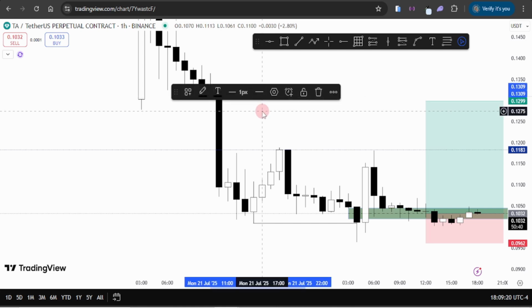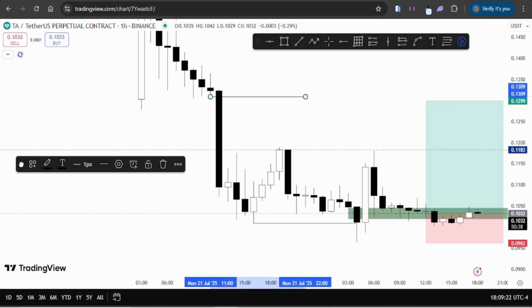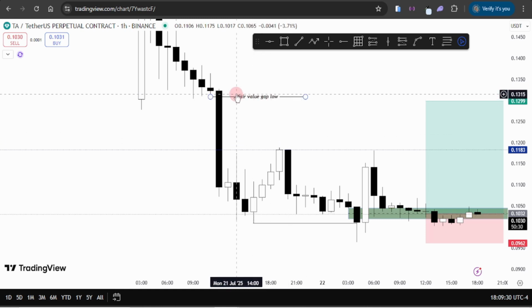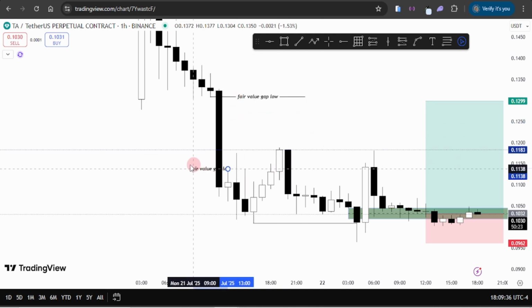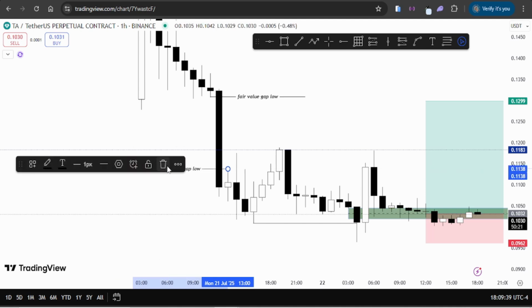So let me call this the fair value gap low. Then I will just click and drag. Fair value gap high.